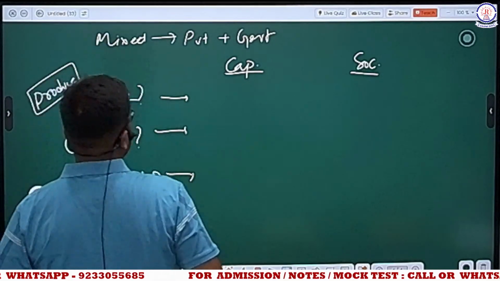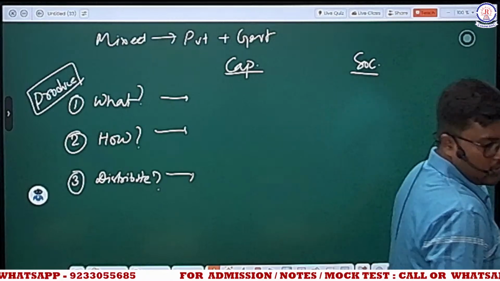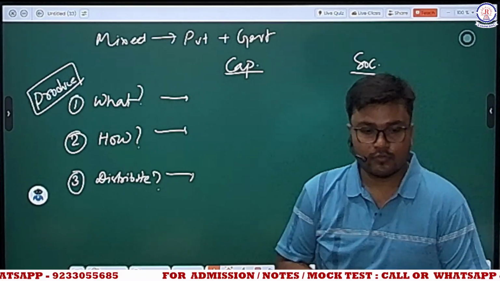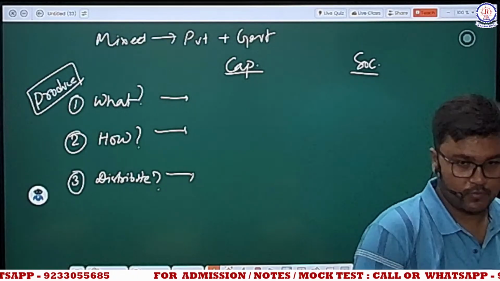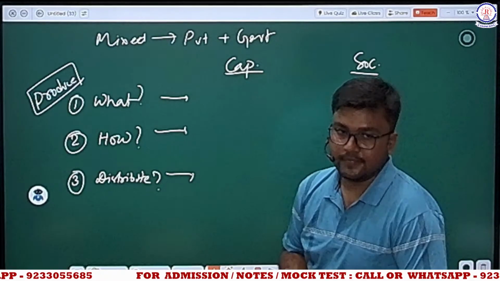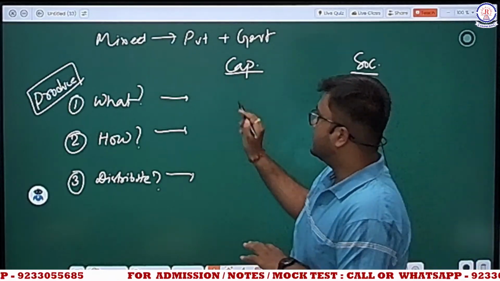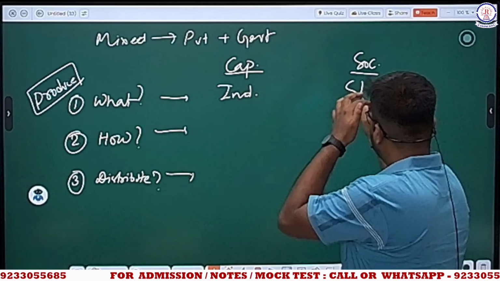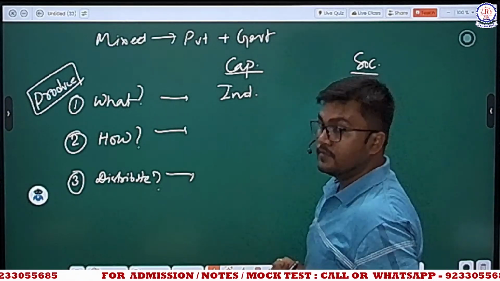I'm just differentiating between these two economies. What production is to be done? In a capitalistic economy, who will decide? Yes, that is the individual. Okay, in socialism, the state, that is the government, the bureaucrats.